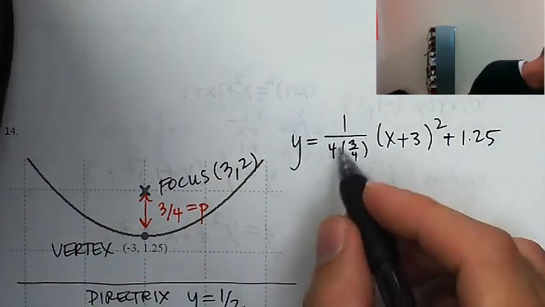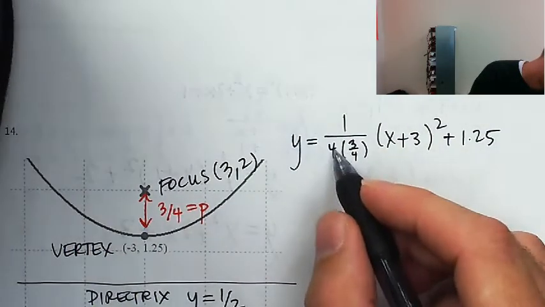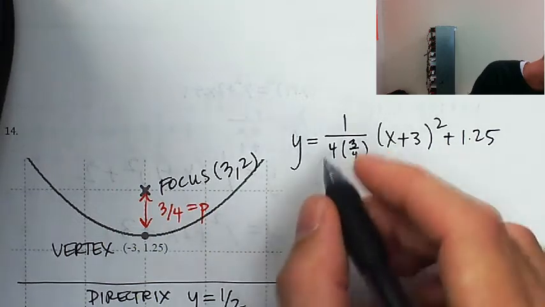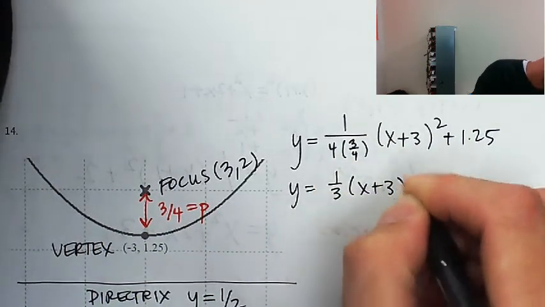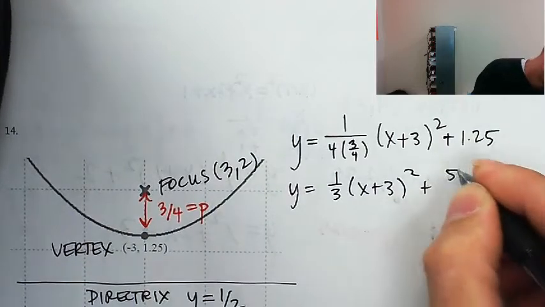If I multiply these, 4 over 1 times 3 over 4 is 3. So y equals 1/3 of x plus 3 squared plus 5/4.